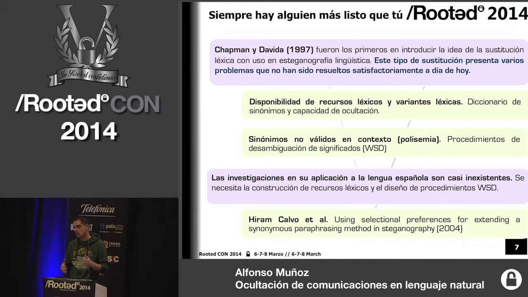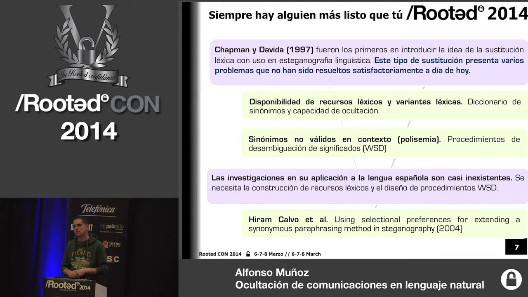You want to replace it with another word, but you really want to find out the meaning within that actual context. A bank could be a place where you deposit your money, a bank of fish, or a bench where you sit. So this is a polysemic word in Spanish. And then one of the major problems, we'll look at that later on, is resource generation. What does that mean?